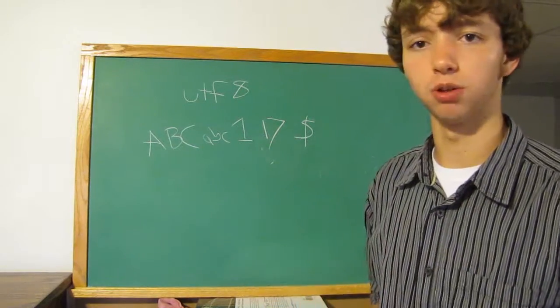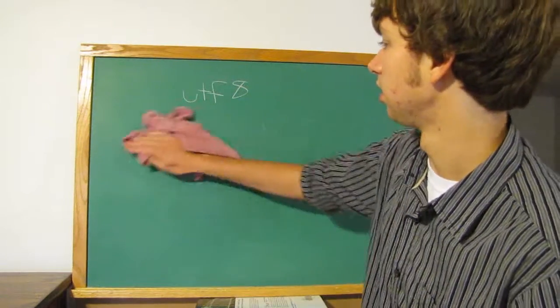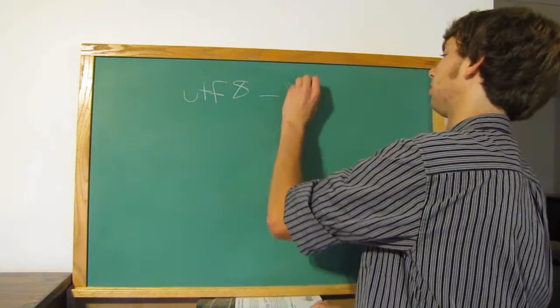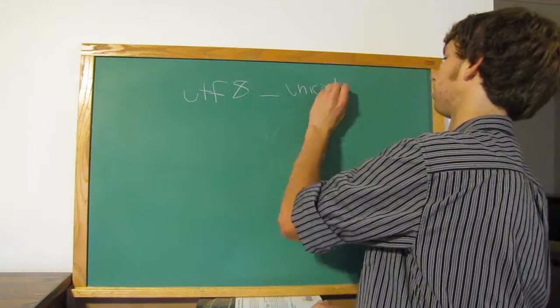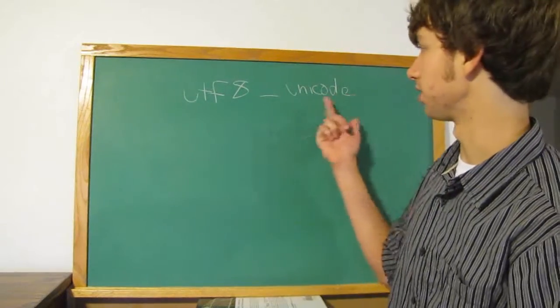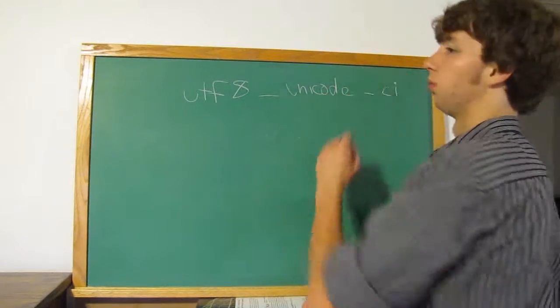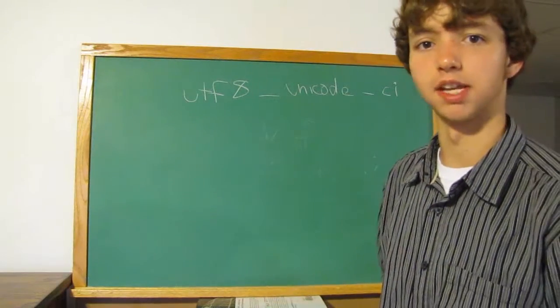So when you see collations, you'll often see something like UTF-8, Unicode, and this is basically the collation. And then CI or CS. CI stands for case insensitive.